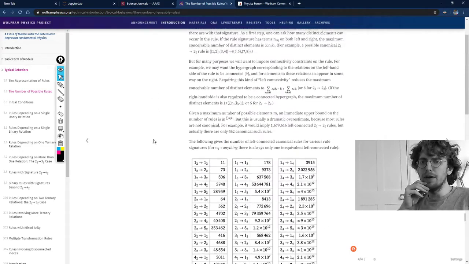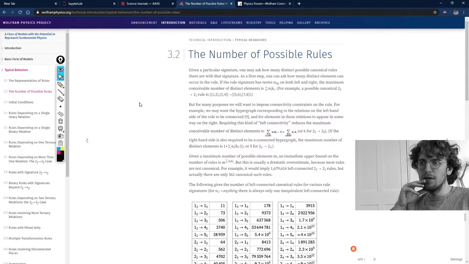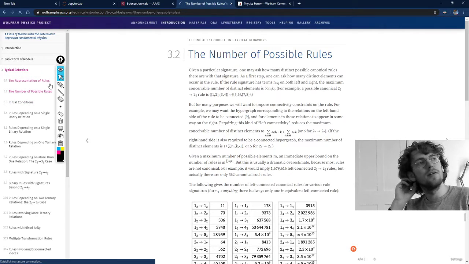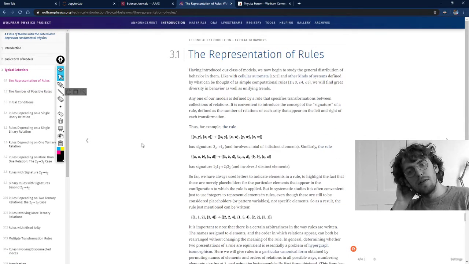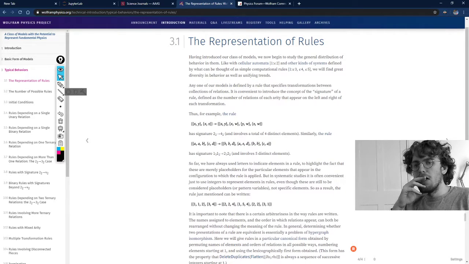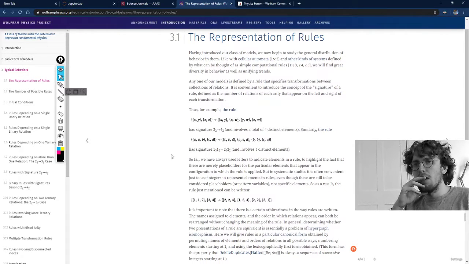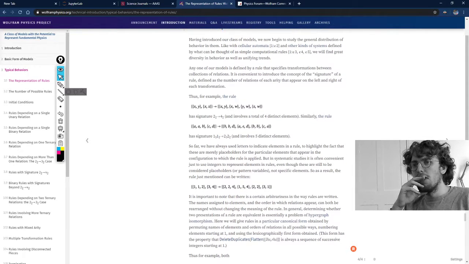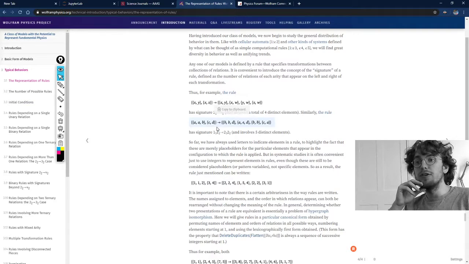Okay, now we're getting into something more complicated. Given a particular signature, so wait, the signature is the thing that I just wrote down, right? Yeah. The signature is this whole thing.